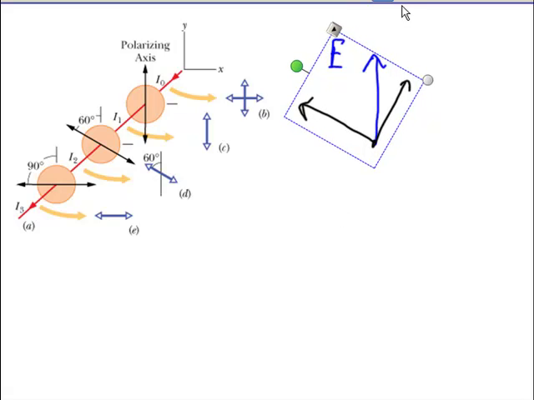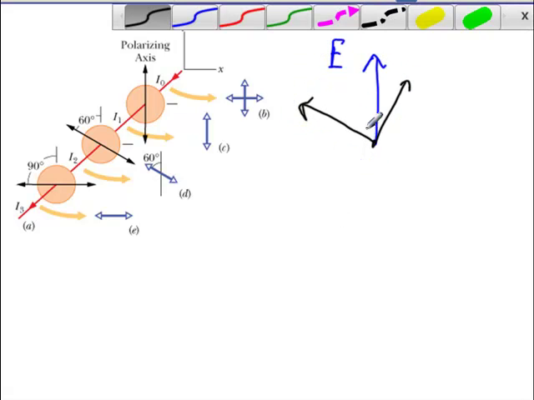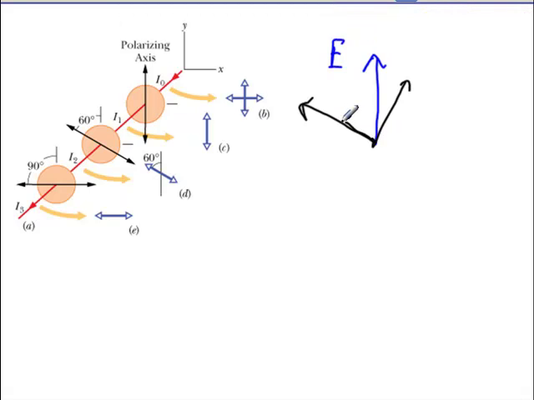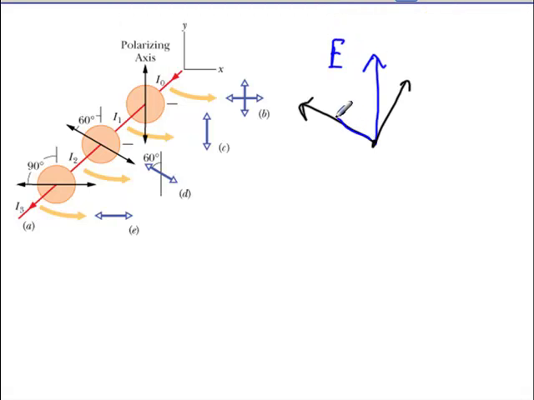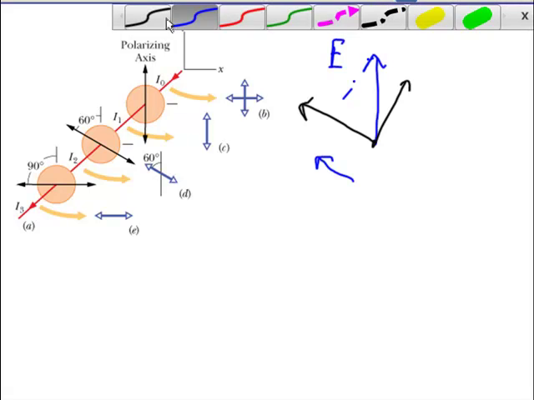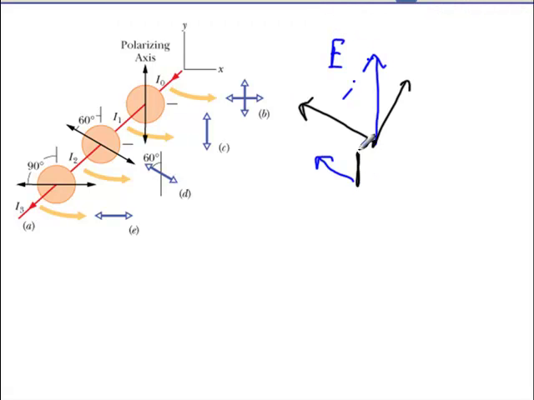Notice now, this component that's along this axis is a component of this electric field, but this component itself now has a component along a horizontal axis.